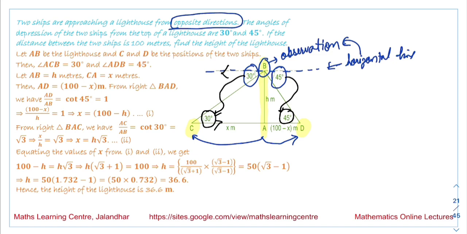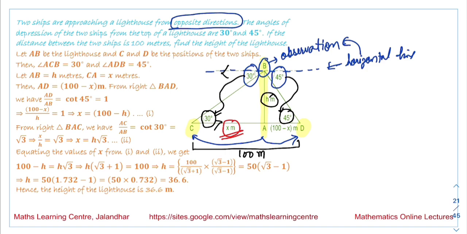Now the distance between the two ships is 100 meters, this whole distance is given to be 100 meters. We have to find the height of the lighthouse. So suppose the height of the lighthouse is h meters, and this distance we assume is x meters.